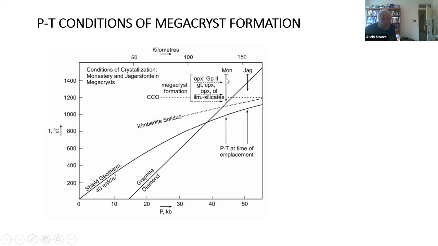So a range of isobaric crystallization over a range of temperatures. One of John Gurney's students, Jennifer Hops, showed at Jwaneng you had a similar characteristic, isobaric crystallization over a range of temperatures extending into the diamond stability field.